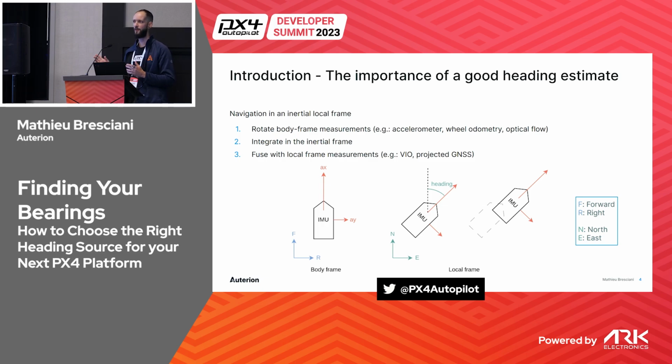That way, if it's north-oriented, we can attach it to a map, and so we can define missions with respect to north, and then also fuse measurements like longitude and latitude that you get from GNSS. So first you get your body frame measurements, you can rotate them into an inertial frame, and then you can integrate them in the case of the IMU here, and afterwards you can fuse other measurements that are referenced in a local, north-oriented frame.